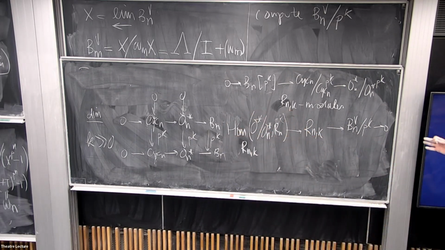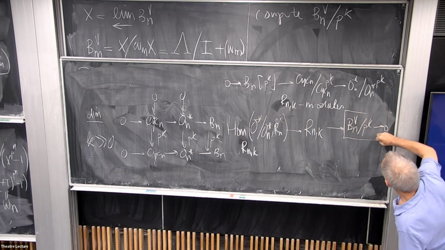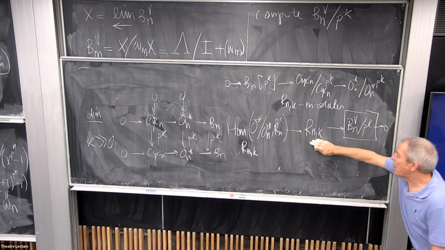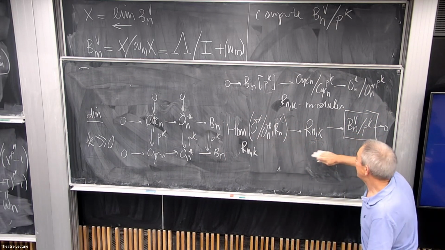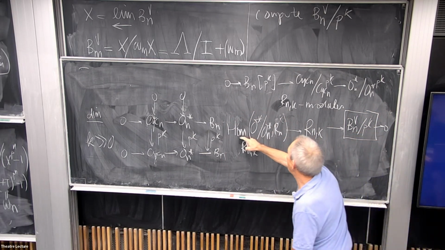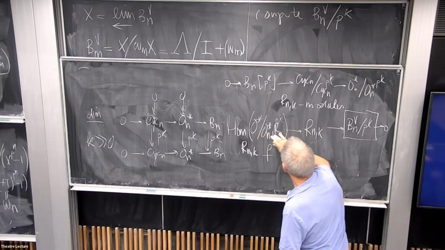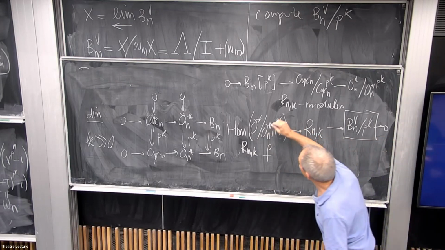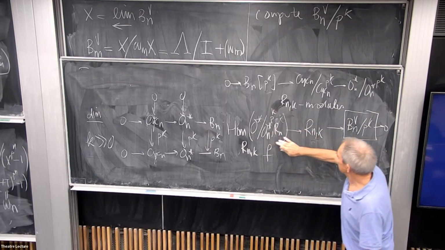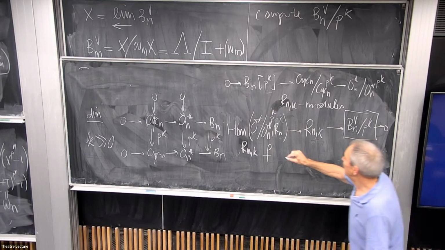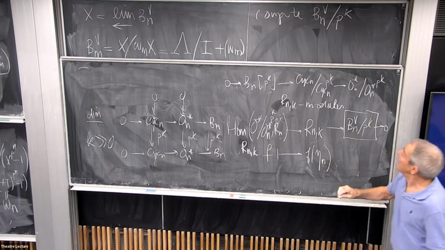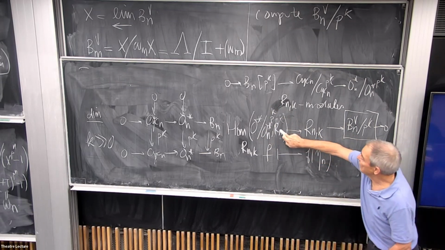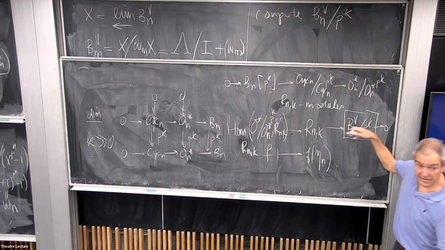And this gives me a beautiful explicit description of the module I want to compute. My module I want to compute is a quotient of Rn,k modulo an ideal. And I can actually write down what the map is here. If I have a homomorphism from the unit group to Rn,k, which is automatic, where does it go? Well, you have to evaluate it in the cyclotomic unit. And then you get an element here in R. This is the map.